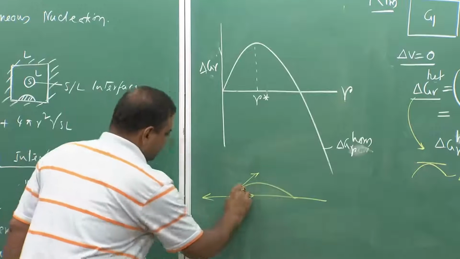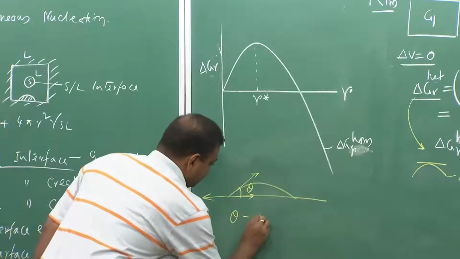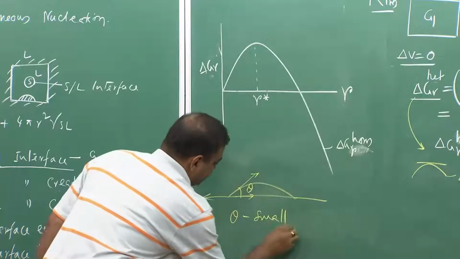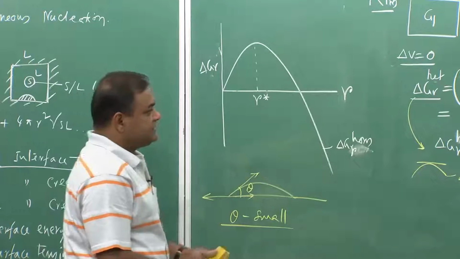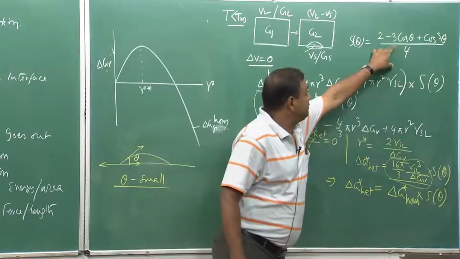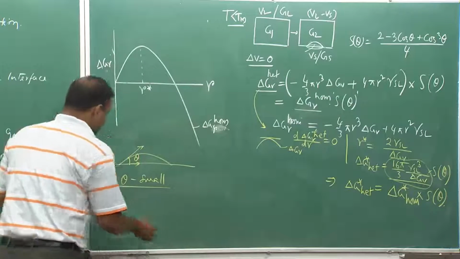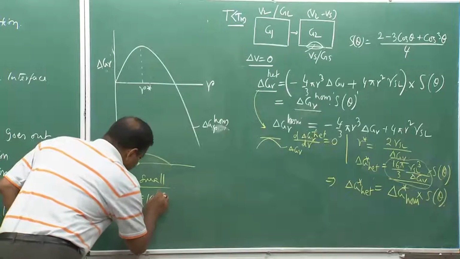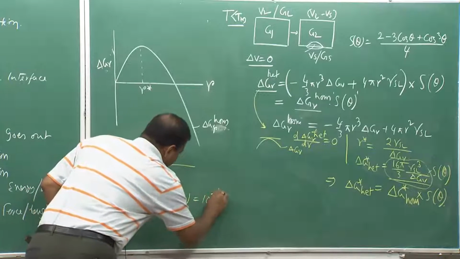if we see this theta, which is the contact angle, if theta is small, then this term would be very, very small, because if we put some theta value randomly, if we see theta equal to 10 degree, you will see that S theta would be around 10 to the power minus 4.